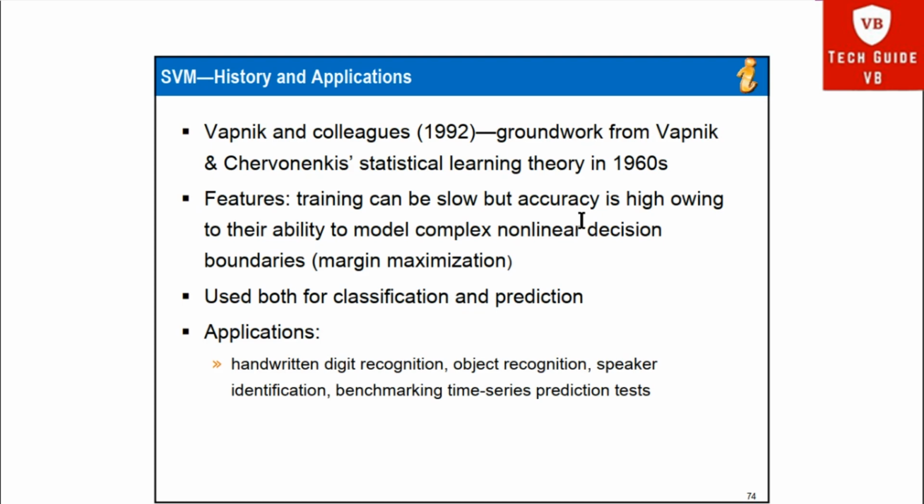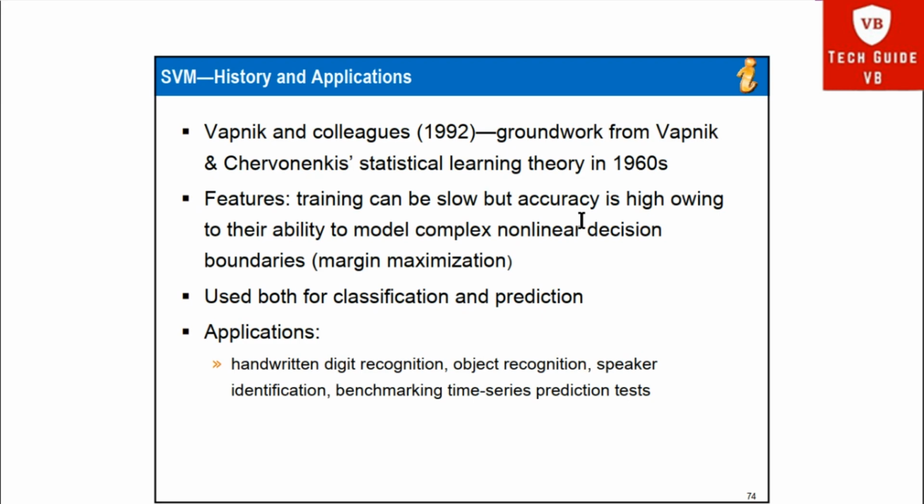Then we will see some of the history and applications of support vector machines. Vapnik and colleagues in 1992 first found that technique, with groundwork from Vapnik and statistical learning theory in the 1960s. Though it is an old technique, improvements are made day by day to get better results.